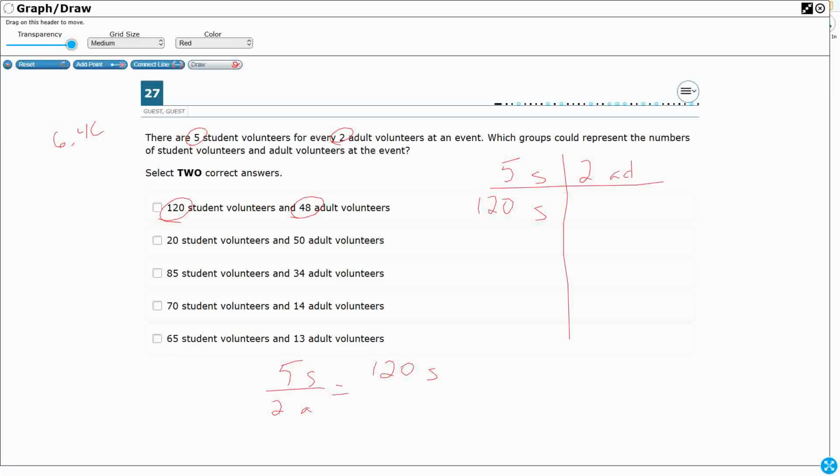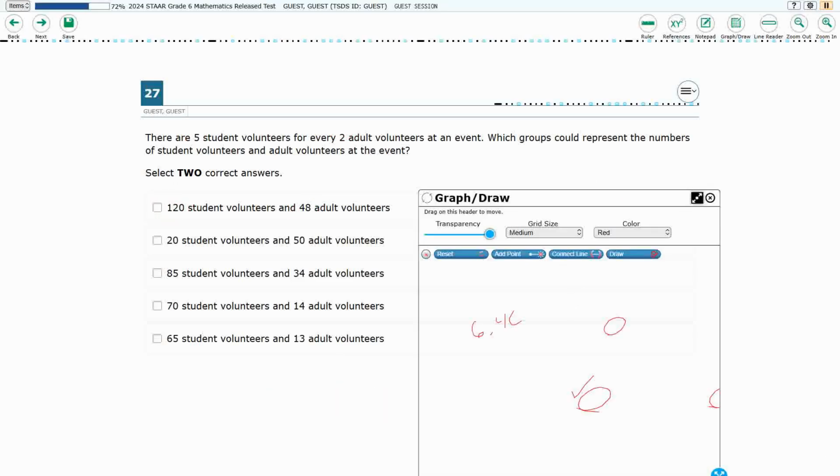So 5 times 20 is going to make 100, so 5 times 24 is going to get me my 120, which means I would need 2 times 24, that would be 48, and that would work, right? So that's 48 adults. Okay, so this works. So I can mark that one off as correct.